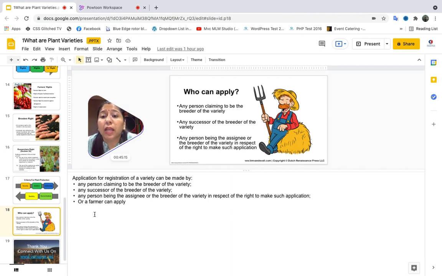Any assignee of the breeder is also fine. I could assign a person to file the application for me if I'm not comfortable going. So basically any person related to the breeder or farmer, or the farmer or breeder himself, can file the application for plant variety protection.